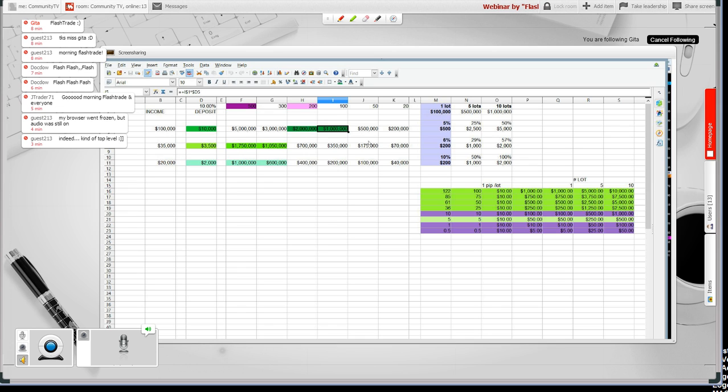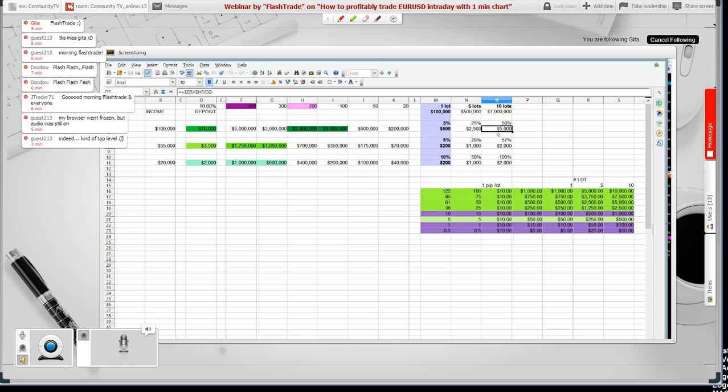And if you take one lot, which is 5% of the amount here, more likely you cannot even trade 10 lots.